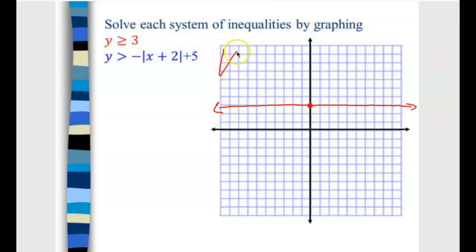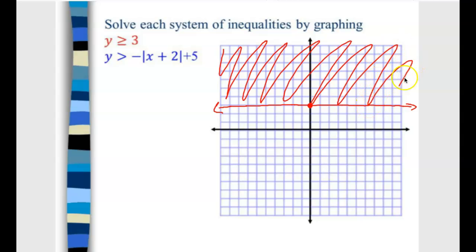Above, good. And then we have an absolute value. So it's a negative x, absolute value of 2 plus 5. So perfect. My vertex is at negative 2, positive 5. And my slope is negative 1.